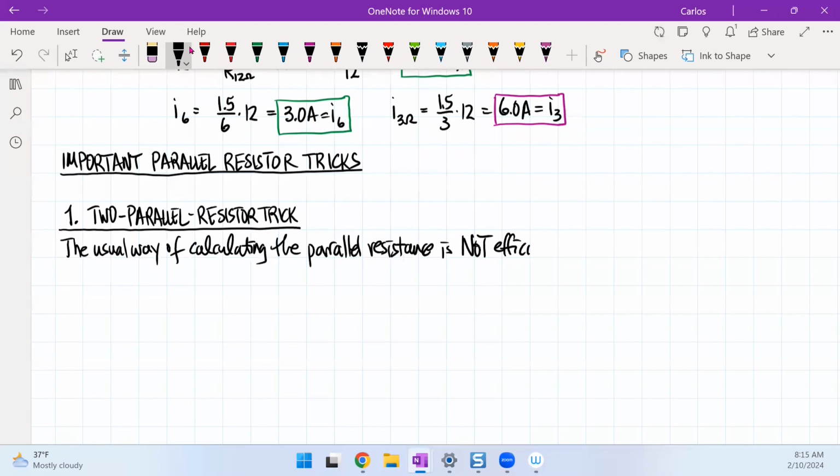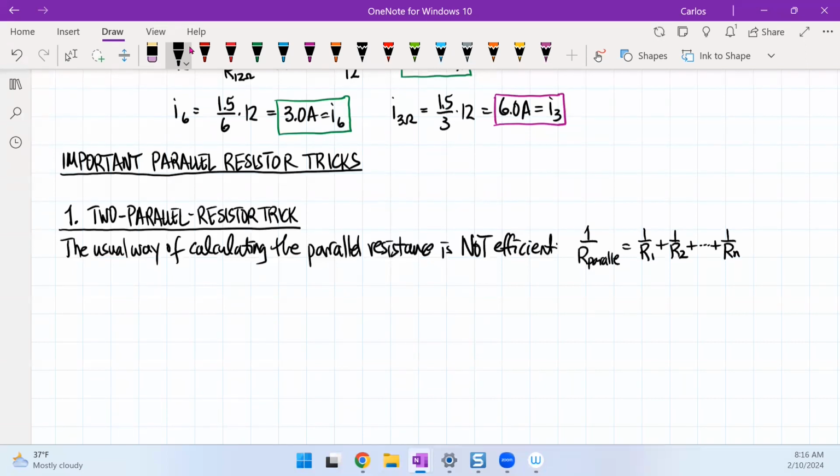Typically what we do is say, okay, our parallel is this, and then we just start adding things like this. And by the way, a lot of textbooks encourage you to do this.